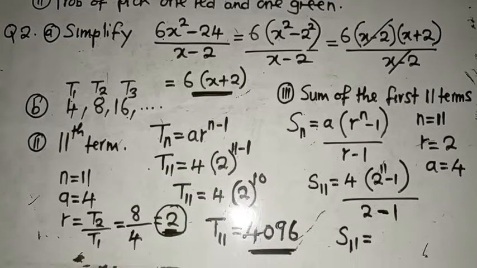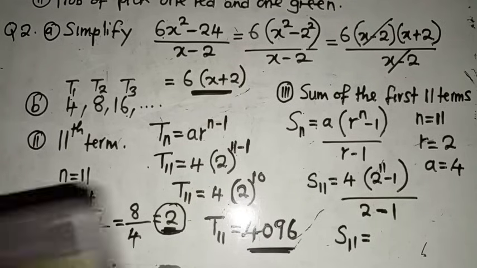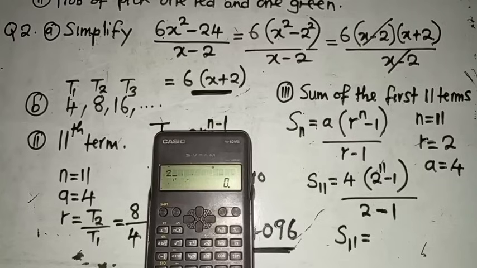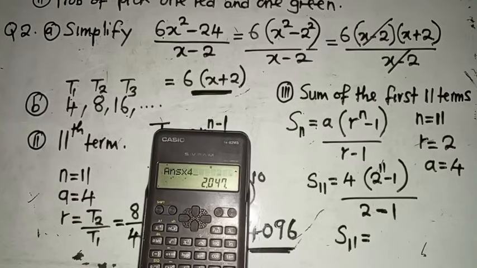So S11 is equal to, what am I going to do there? I get my calculator. Confirm with me. Inside the brackets there, I've got 2 to the power 11 minus 1. What answer am I getting? This answer multiplied by the 4 that is outside.